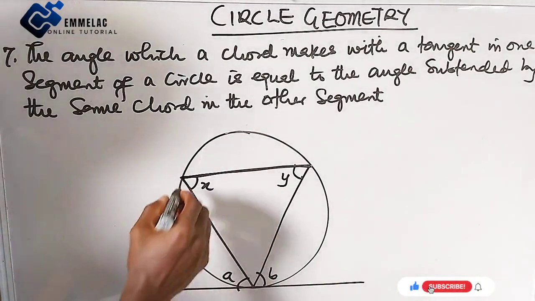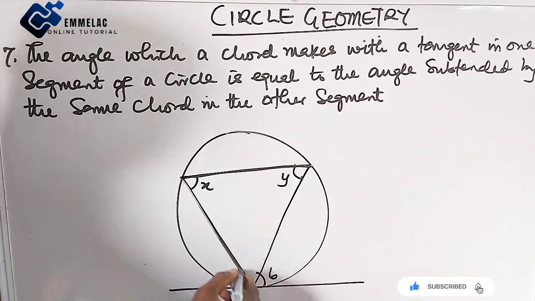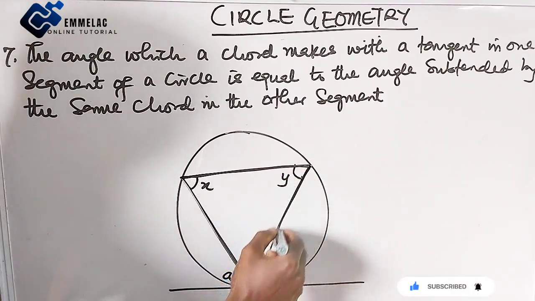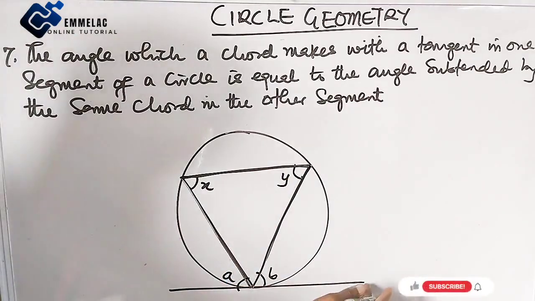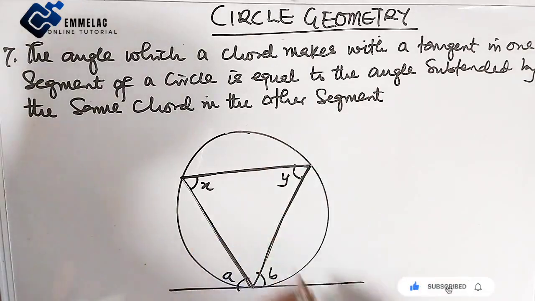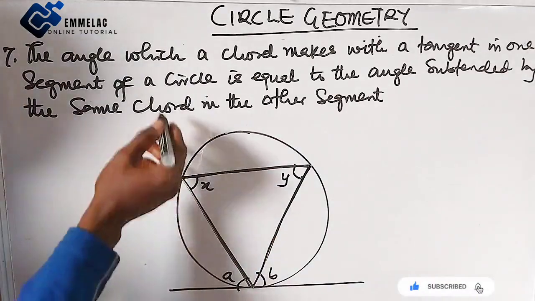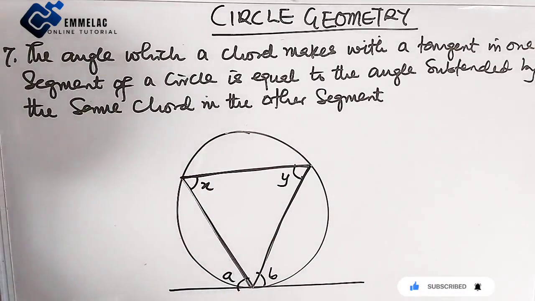Now this angle subtends this angle with a tangent, and a tangent is a line that touches the circumference of a circle. It could be here, it could be anywhere outside, that touches the circumference of the circle.